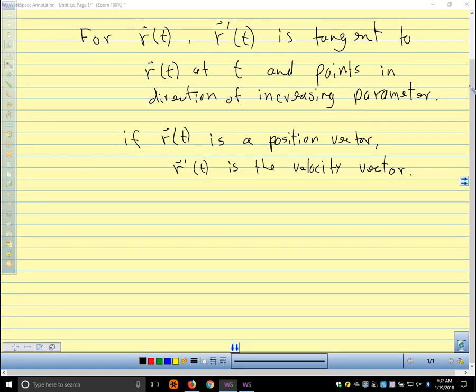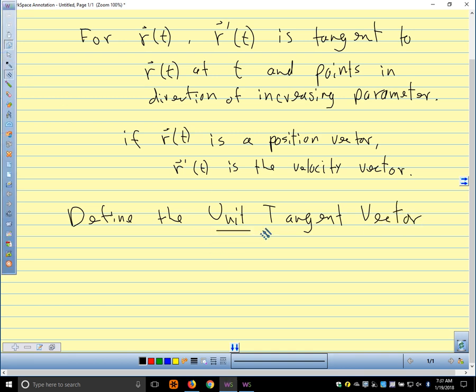So we're going to define the unit tangent vector. And we use capital T, generally T of t. And all we're going to do to define our unit tangent vector is normalize r prime.